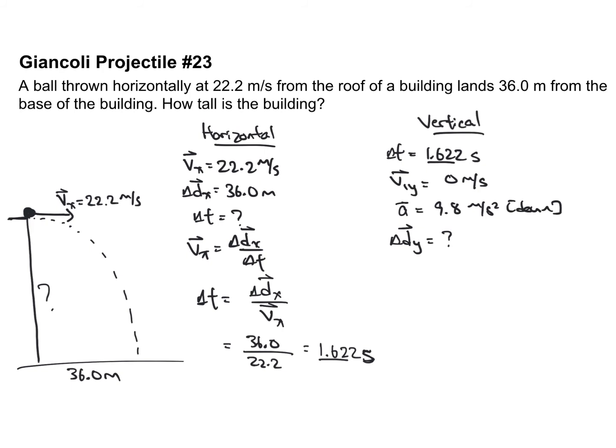Well, the magnitude of it is going to be how tall the building is going to be. There's a nice formula for that, one of the uniform acceleration formulas, number 3, which is conveniently already rearranged for the displacement.